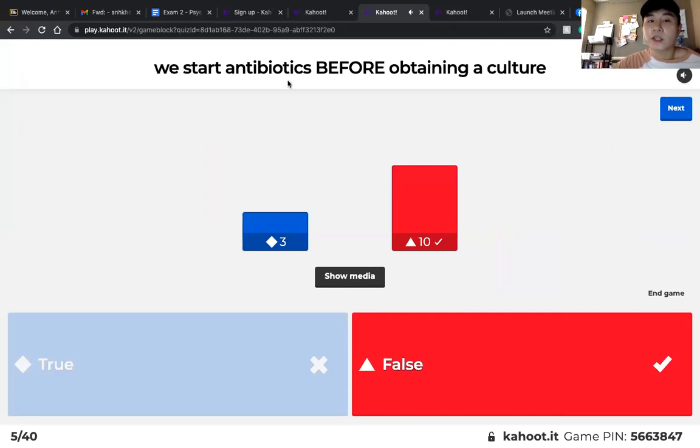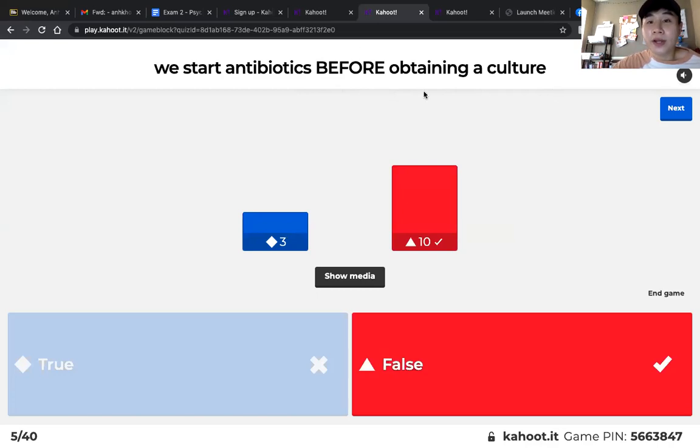Perfect. So, starting antibiotics before obtaining a culture is wrong, because if we start antibiotics before obtaining a urine culture or any kind of culture, we will affect the result of the culture. The reason for obtaining a culture is to identify the specific bacteria the patient has, so that we can use the appropriate antibiotic to treat it.